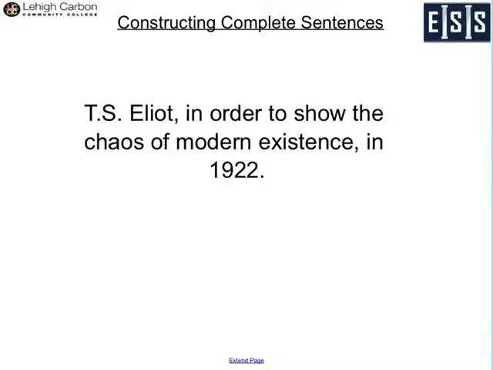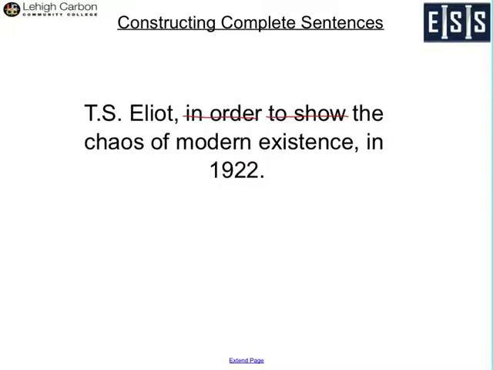So let's take out what isn't essential. Any prepositional phrases, anything that begins with words like in, to, above, below, anything like that can be taken out to clarify your sentence. So we'll take out "in order to show." That's almost a verb, but if you wrote just "T.S. Eliot to show" on its own, that wouldn't make a whole lot of sense, would it?